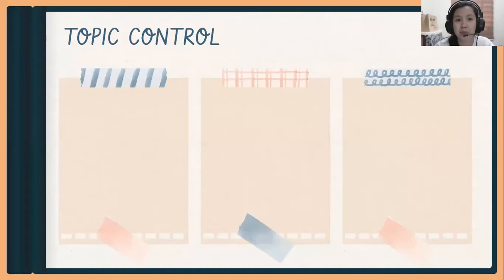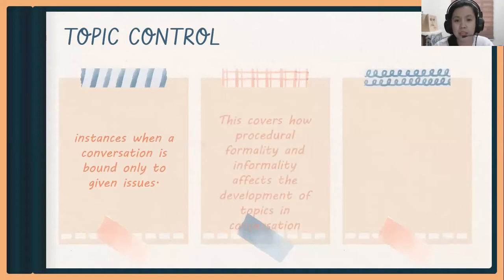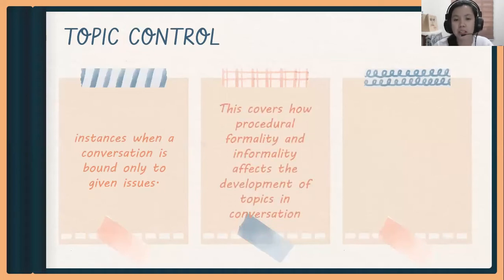The fourth is topic control. There are instances when a conversation is bound only to given issues. This covers how procedural formality and informality affects the development of topics in conversation. This only means that when a topic is initiated, it should be collaboratively developed by avoiding unnecessary interruptions and topic shifts.